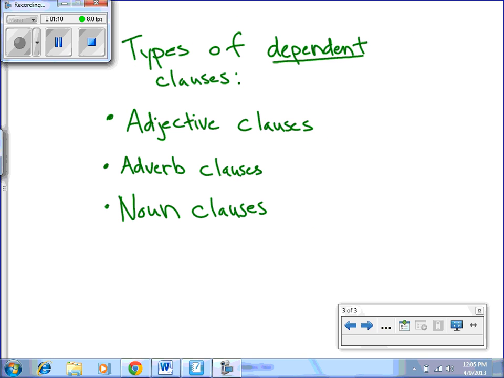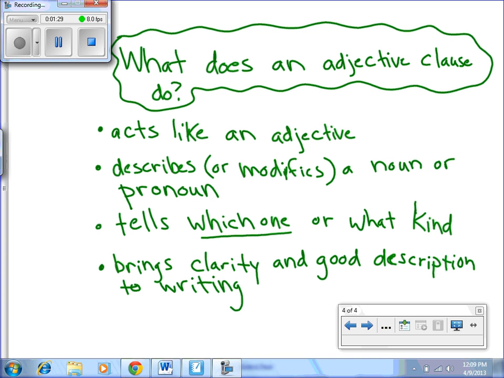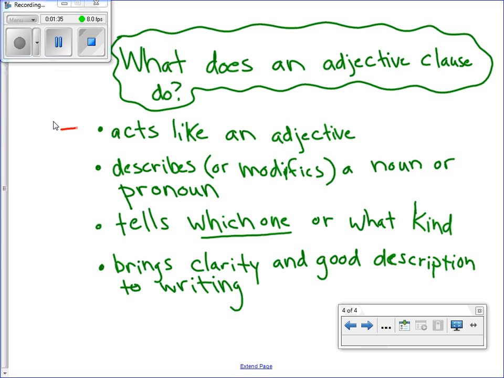When looking at dependent clauses, there are different types of dependent clauses. They have different purposes. They're used for different things. Tonight, we're just going to be looking at adjective clauses. What does an adjective clause do? Well, it acts like an adjective.